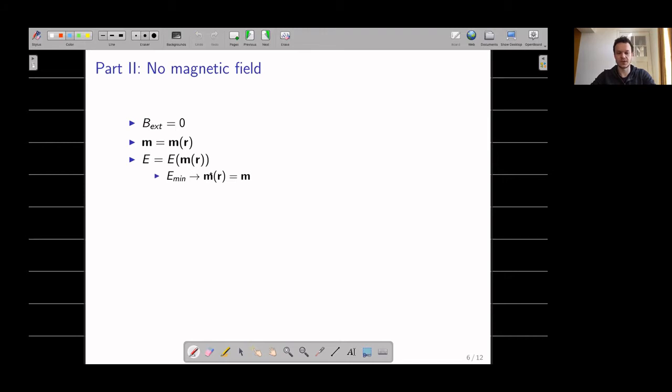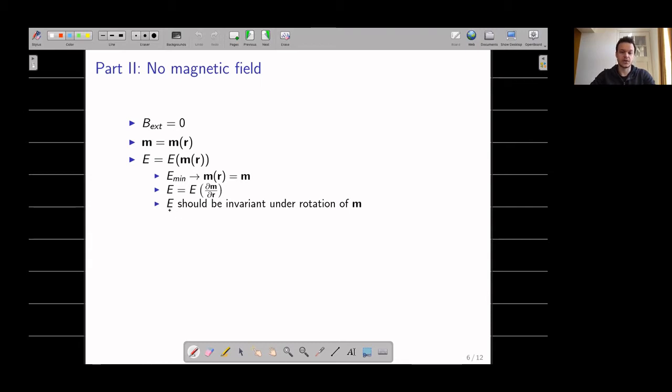Of course, we know that the minimum is given by the uniform magnetization, and we're going to be more or less interested in how the fluctuations of the energy depend on the magnetization.